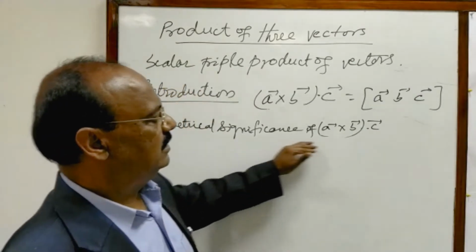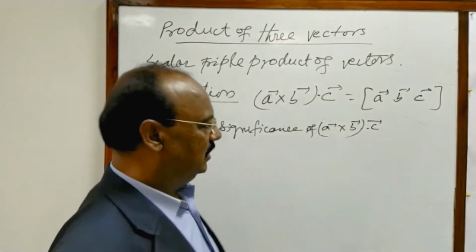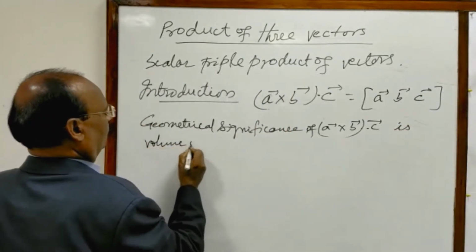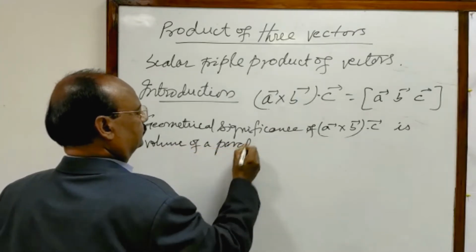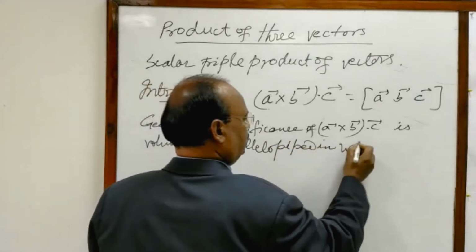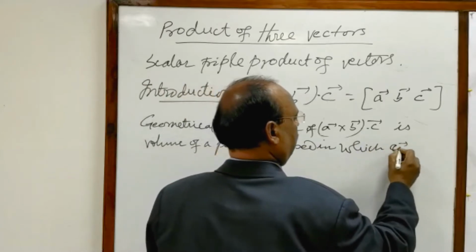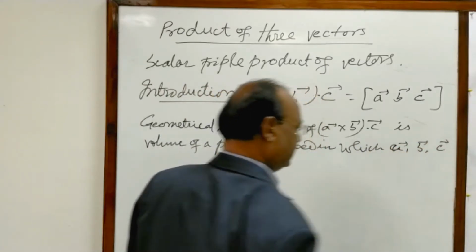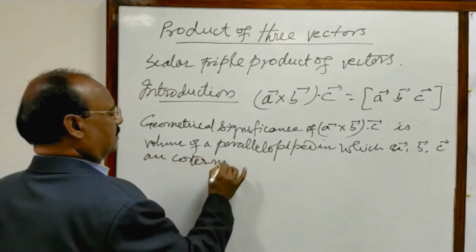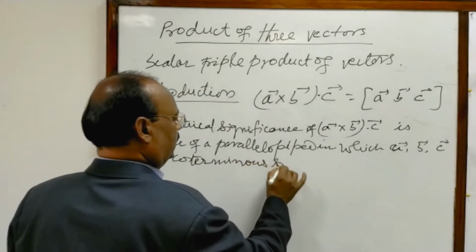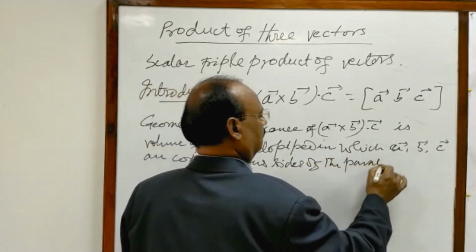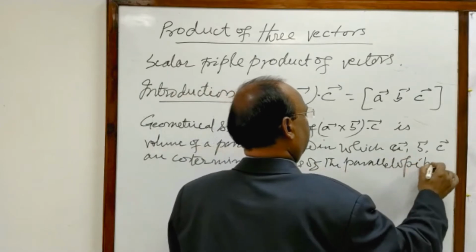So this geometrical significance of A cross B dot C is the volume of a parallelepiped in which A, B and C vectors are coterminous sides of the parallelepiped.